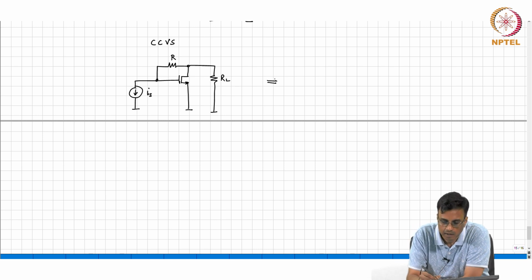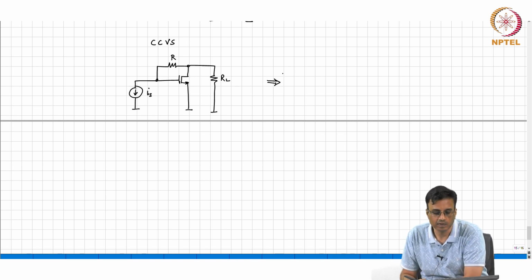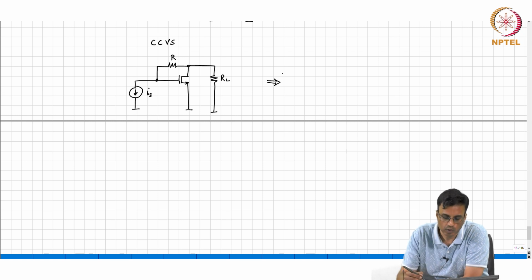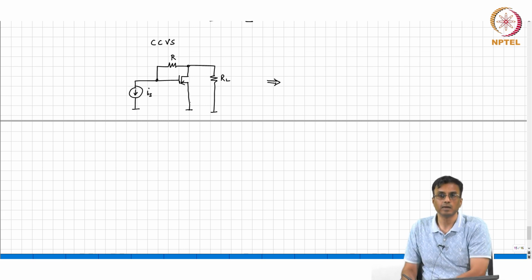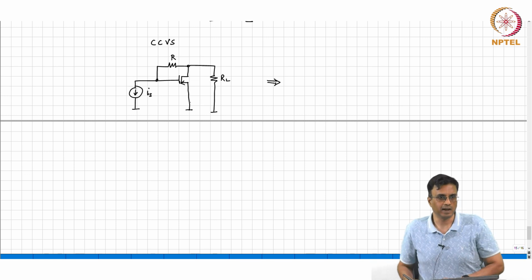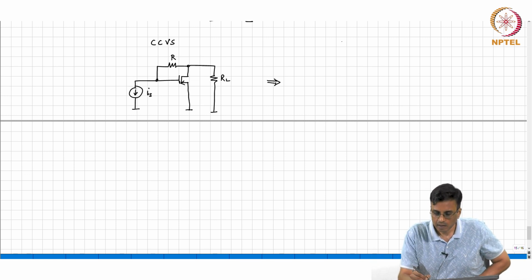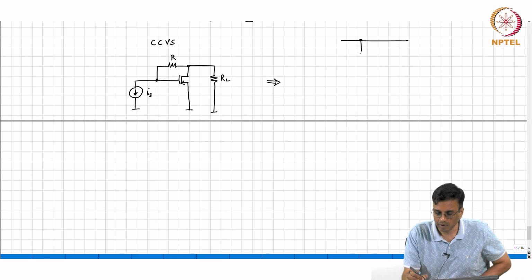Then what happens now? What do we do? In the PMOS case, the incremental diagram remains the same. So, all that we need to do is think of this as a PMOS transistor rather than an NMOS one. You bias up your transistor your favorite way.